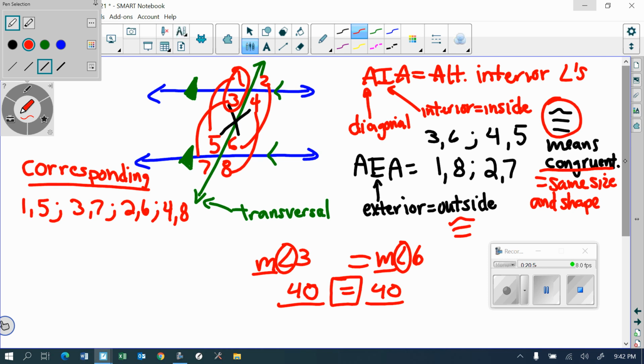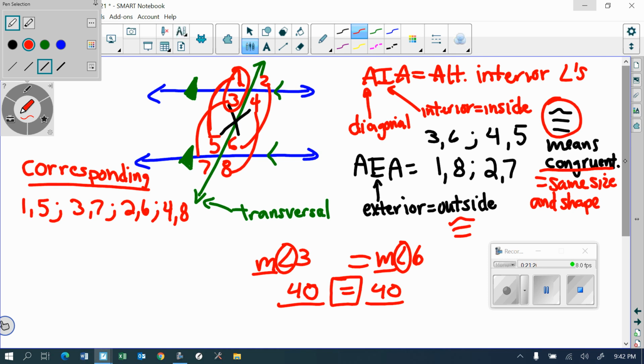Angles 1 and 2 are adjacent as well, but both those angles are exterior. Remember, one angle is interior and one angle is exterior. So 1 and 3 cannot be it, even though that's an interior angle and an exterior angle, because they are adjacent. For corresponding, you have one exterior angle outside, one inside, not adjacent. If it's drawn like this, you can just think that you're skipping angle 3 and going on to the next one.